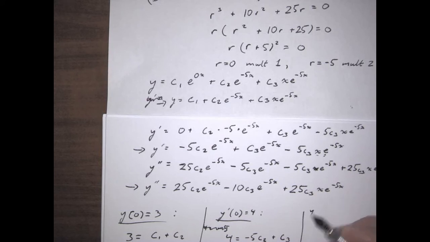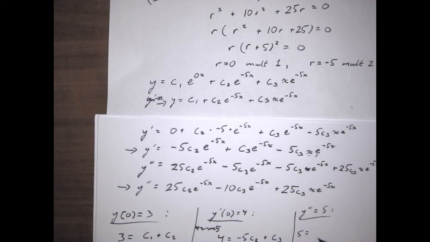Okay, and then y double prime equals 5. So that's the final initial condition. So that means 5 is equal to, now we're going to have 25c2 minus 10c3, and then a 0.